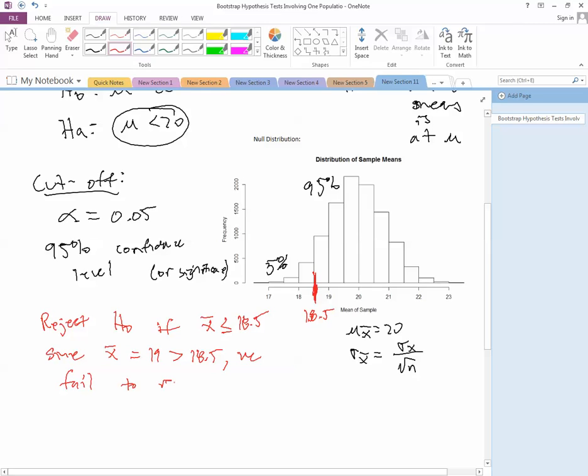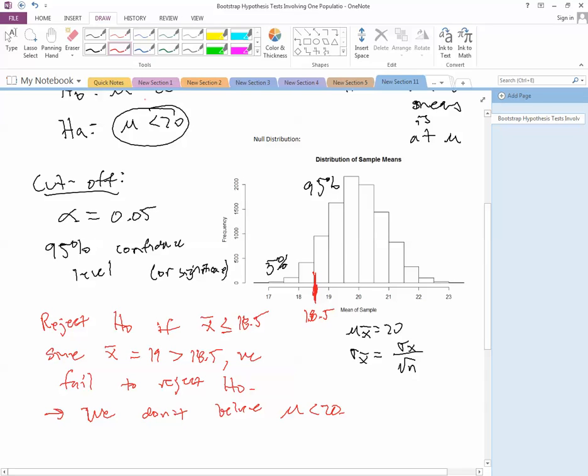That is, we don't believe that mu is less than 20. That's what we said, right? Because we failed to reject this, that means we didn't conclude this. So we didn't say the mean is 20, because just because you can't convict doesn't mean the person is innocent.